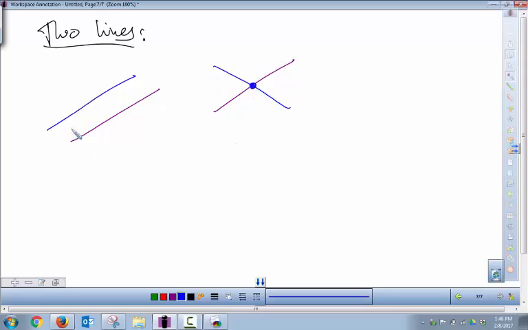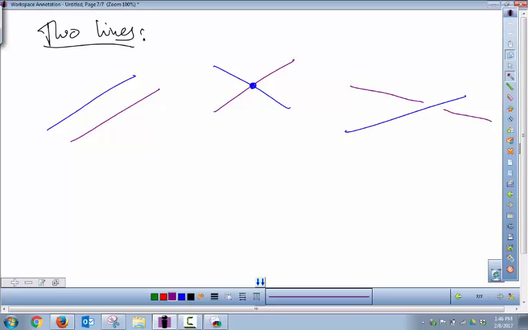They could be parallel to each other. But it turns out that in space, if they're not parallel to each other and they don't intersect, there's another option, and that's called skew. So skew is when they're not parallel, but they also don't intersect. That's the same with a plane. Yeah, that can happen in 3 dimensions or 4 dimensions. All right?